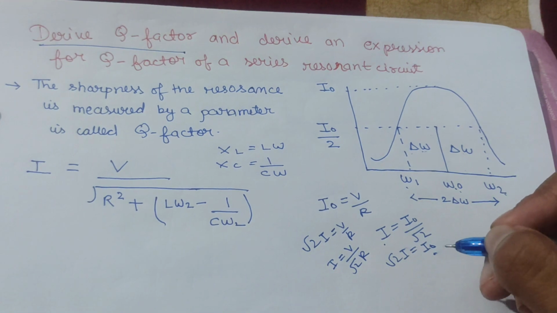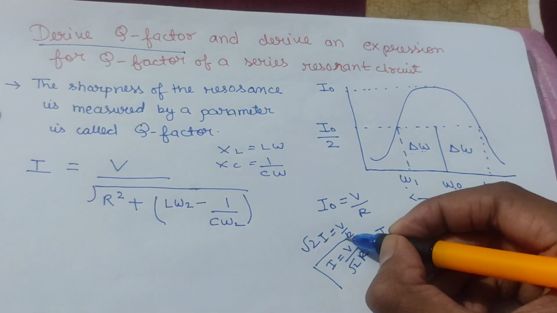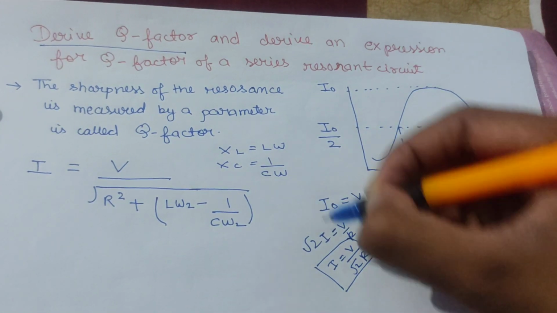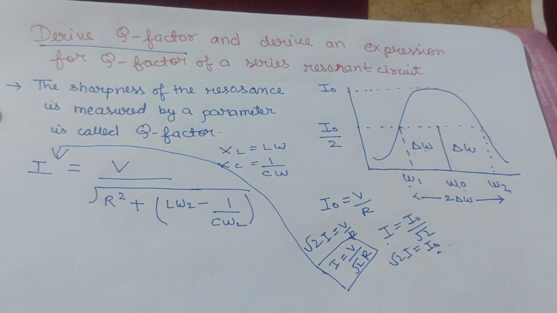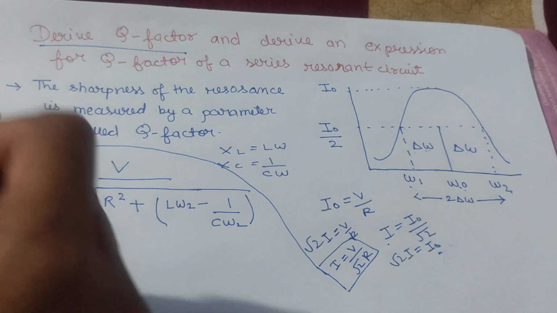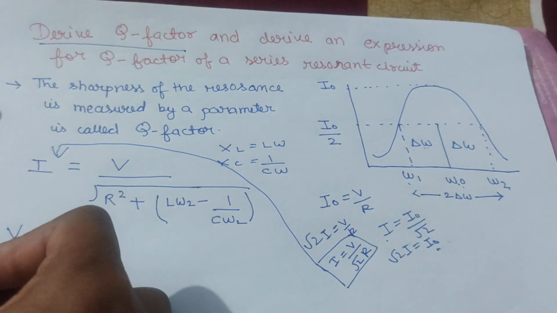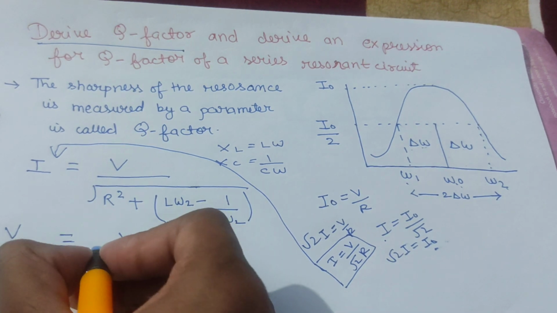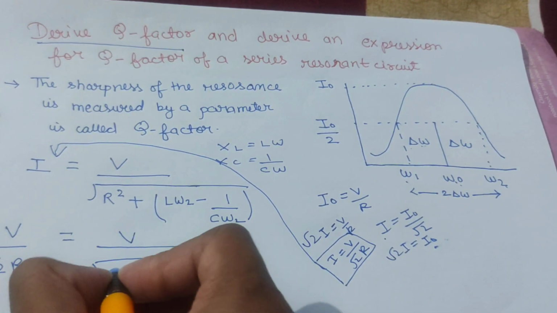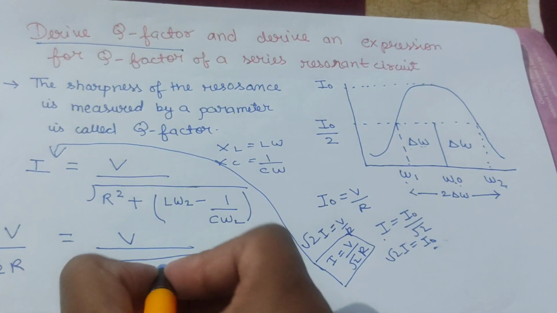Okay, and we'll take this equation and put it here in I. Okay, so put V by root 2R here, and V equal to under root square.